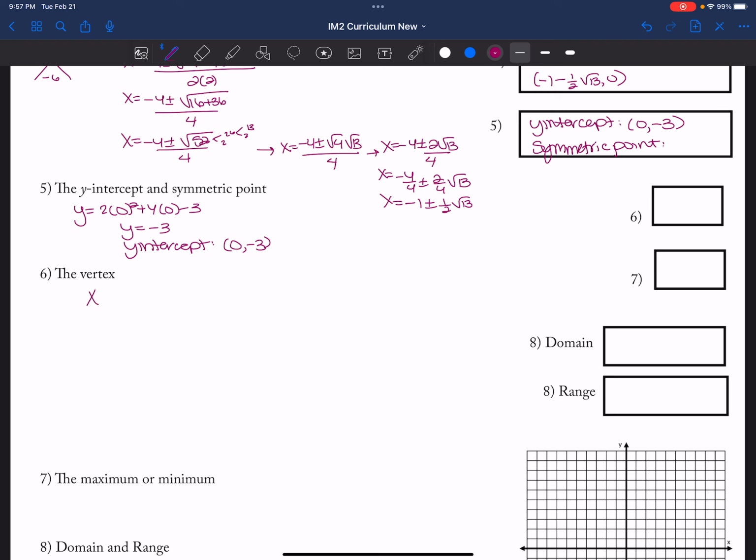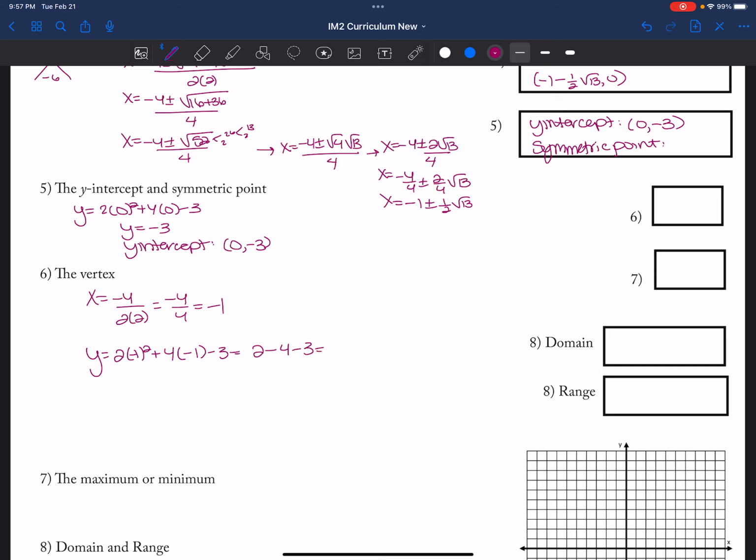My vertex is x is equal to negative 4 over 2 times 2. So negative 4 over 4, which is, just kidding, negative 1. So if I have negative 1, y is equal to 2 times negative 1 squared plus 4 times negative 1 minus 3. So 2 minus 4 minus 3.